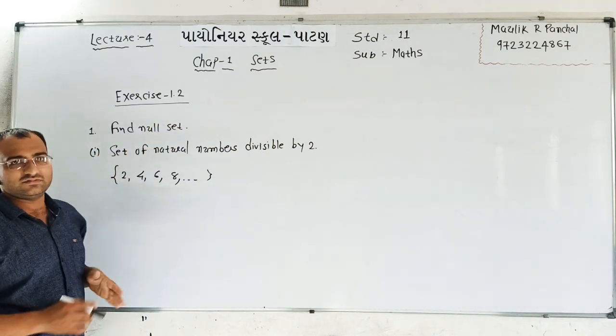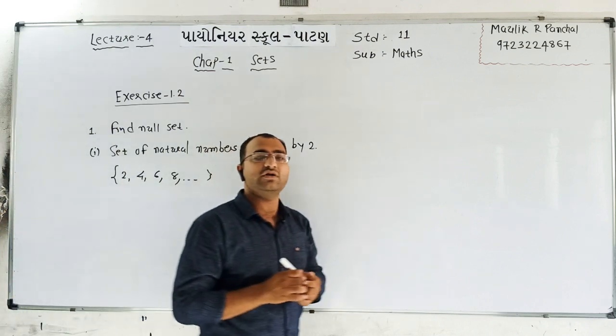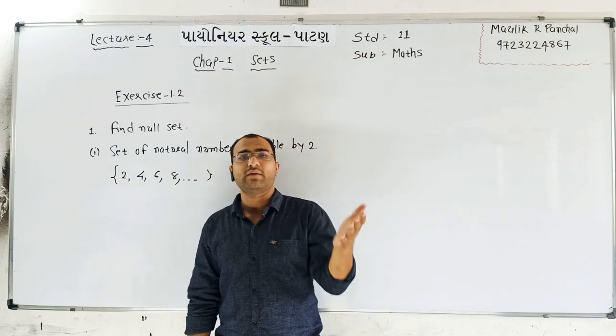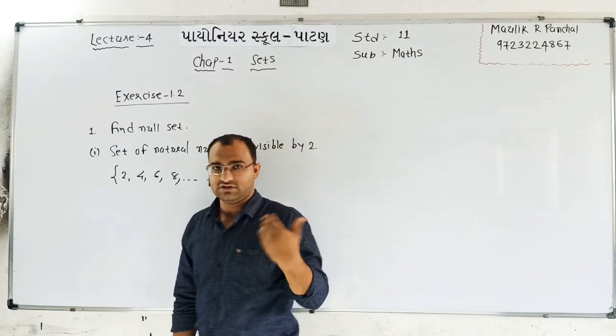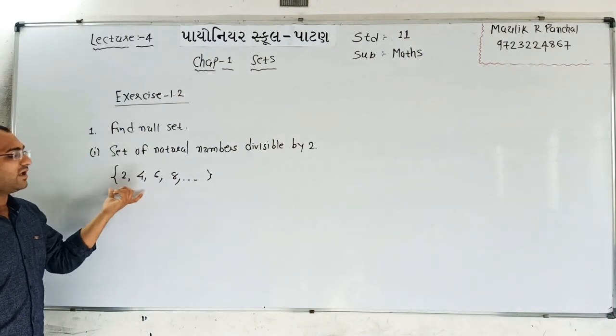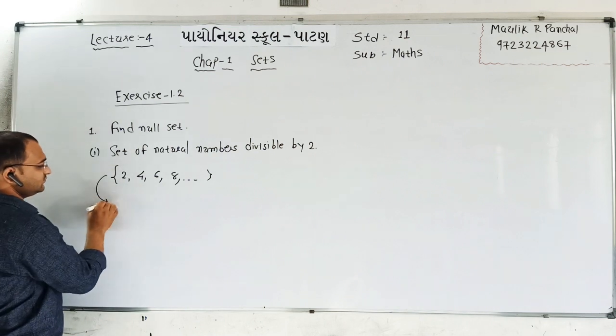This is not a null set because it has numbers. The definition of a null set is a set which has no members or no elements. But here the members are included, that means this is not a null set.